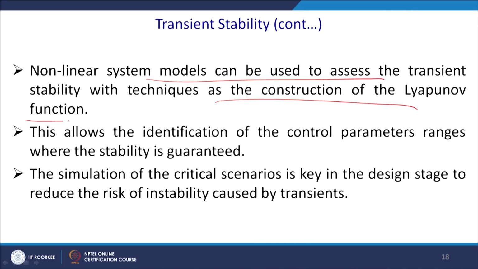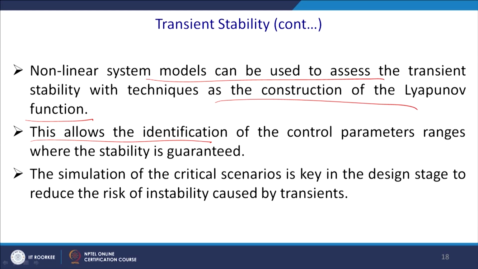And thus for transient stability, we require to construct energy functions, that is, Lyapunov stability functions, and we have to analyze how the energy goes down, so that the system will be more stable. This allows the identification of the control parameter ranges where stability is guaranteed, that is Lyapunov stability at large. That is something we are trying to conclude.